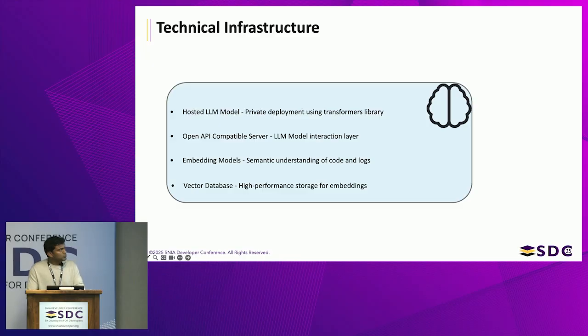This also makes it easier for other components, agents, and the applications that we have in-house. Alongside the LLM, we also have embedding models. Again, these embedding models are also locally deployed. These embedding models are what we use to convert the code, functions, and the integration test into something meaningful.